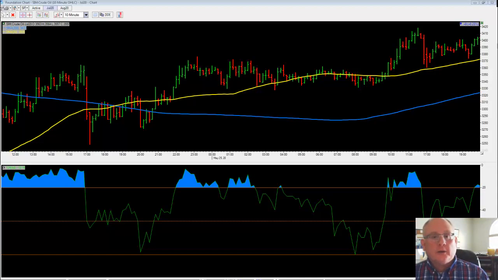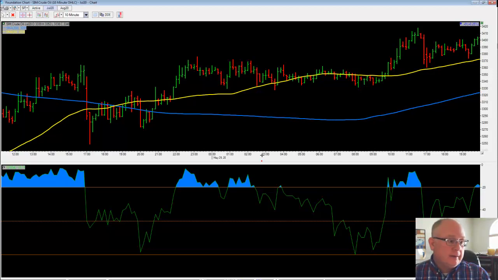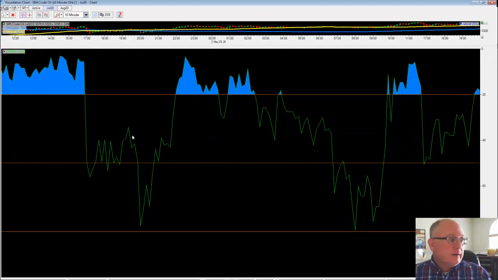It's a momentum oscillator that helps you determine trend, and also can be a good tool to help you determine if you want to be long or short in combination with some other things. So if we just look at the oscillator itself, let's minimize the price chart.